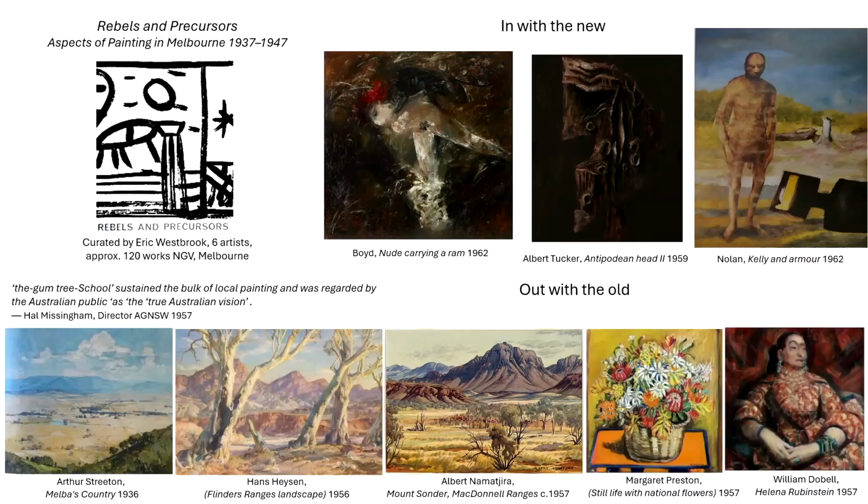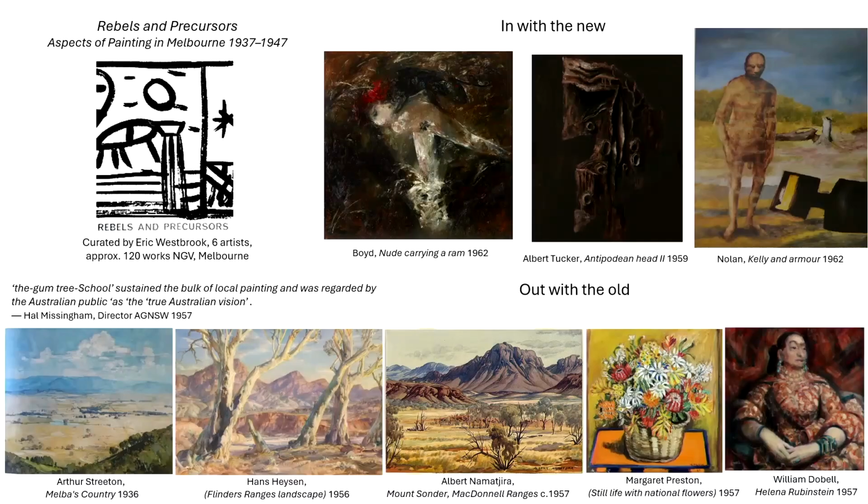Dobell and Margaret Preston, who were both considered modernists, had become part of this story in the 40s and 50s, whereas this goes back further. So this now becomes Australian art. And this narrative very quickly becomes something from the past, a sort of prehistory of Australian art.